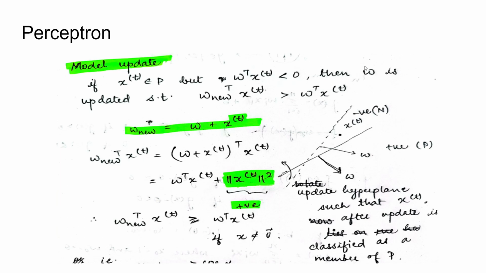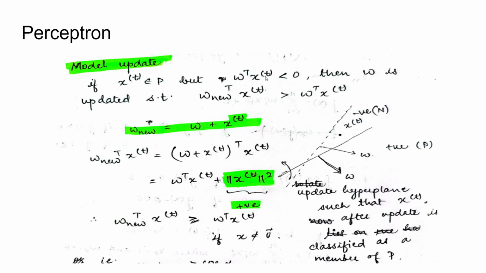Then we have to update w to minimize this error, right? So what is the reason that this w transpose x of t is less than 0? The reason is that the cos alpha is negative. Okay, so how should we make sure that this x is correctly classified by updating the w? What should be done?